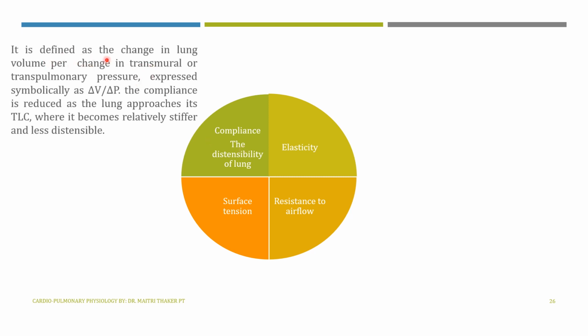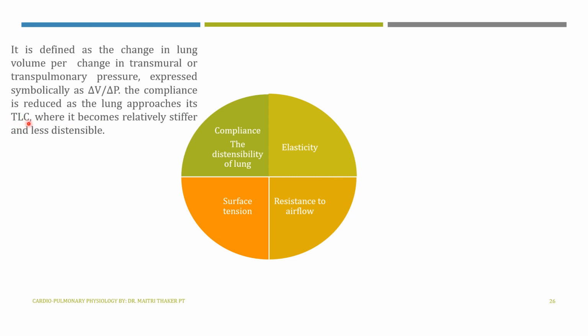By proper definition, it is defined as change in the lung volume per change in the transmural pressure or transpulmonary pressure. So compliance is expressed as delta V divided by delta P. The compliance is reduced as the lung approaches its TLC, that is total lung capacity.